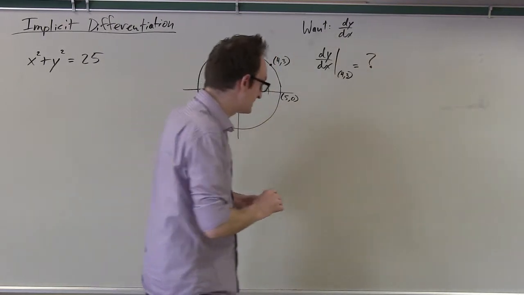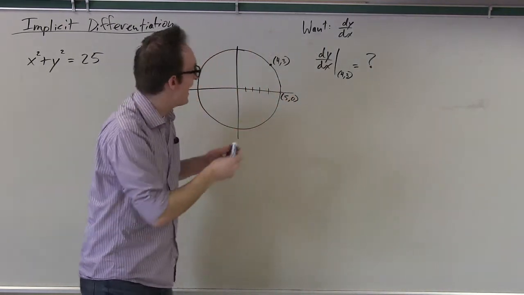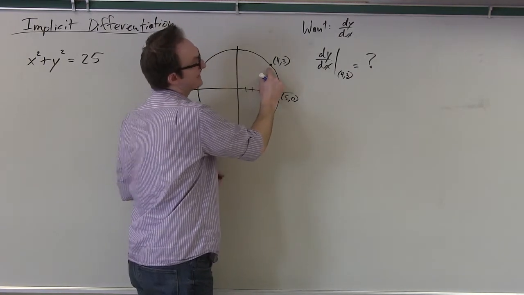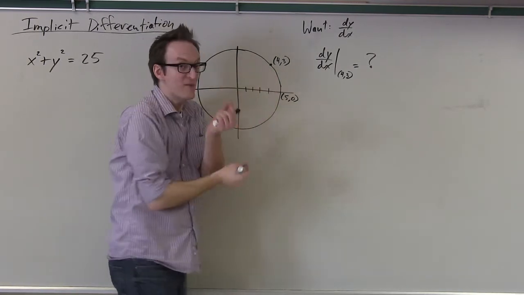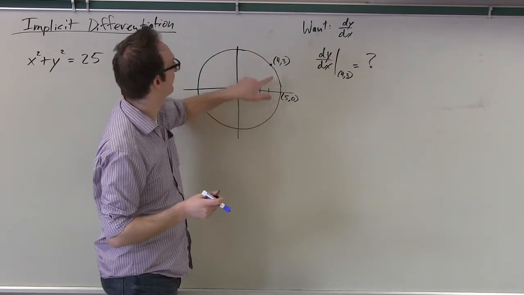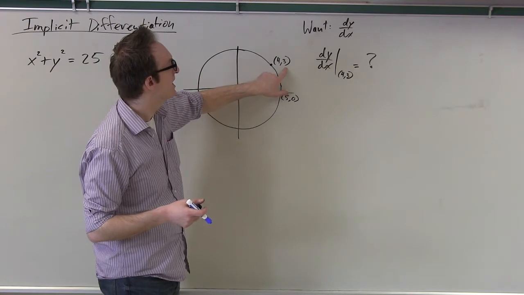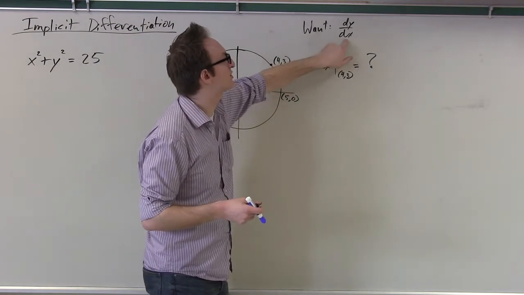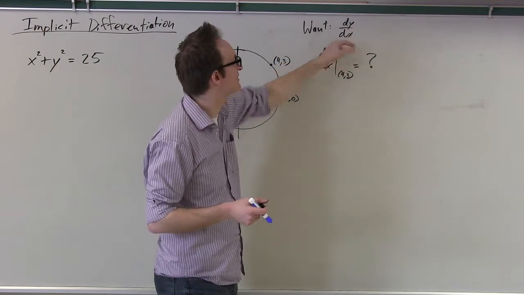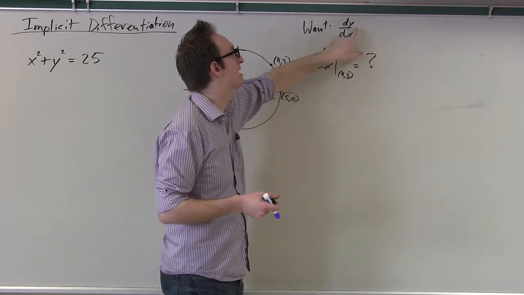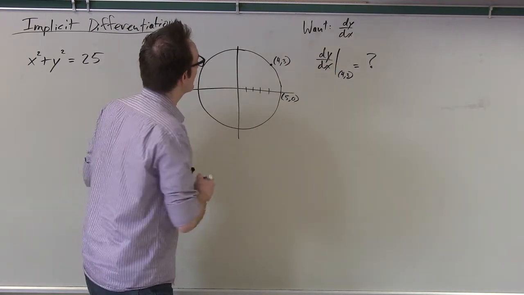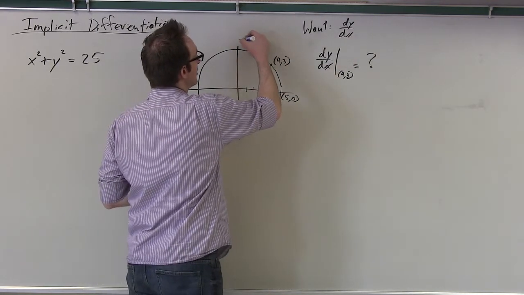Well, if x is 4 and y is 3, then for a small change in x, how much does y change? In other words, if I increase x by some infinitesimal amount, by what infinitesimal amount does y increase? But if you think about what that's saying, that's just the slope.